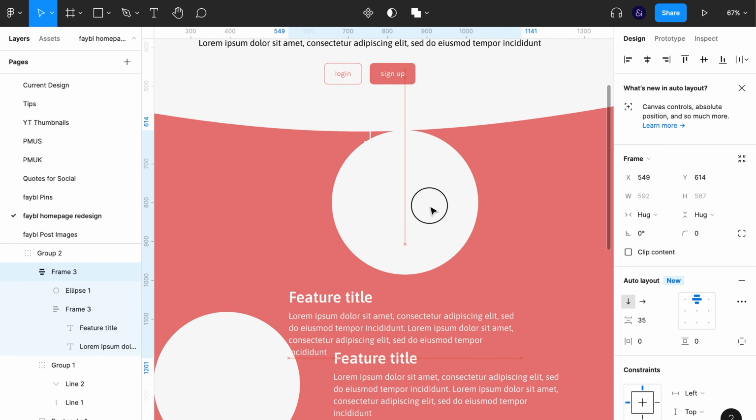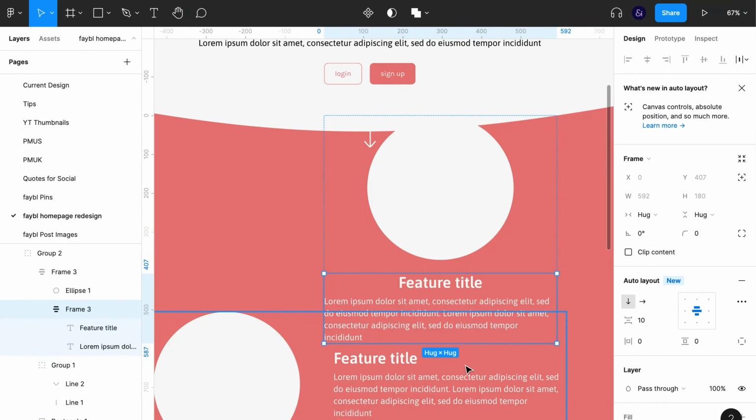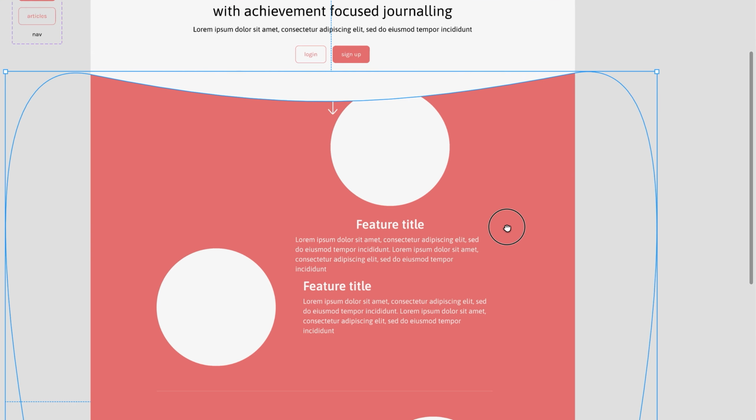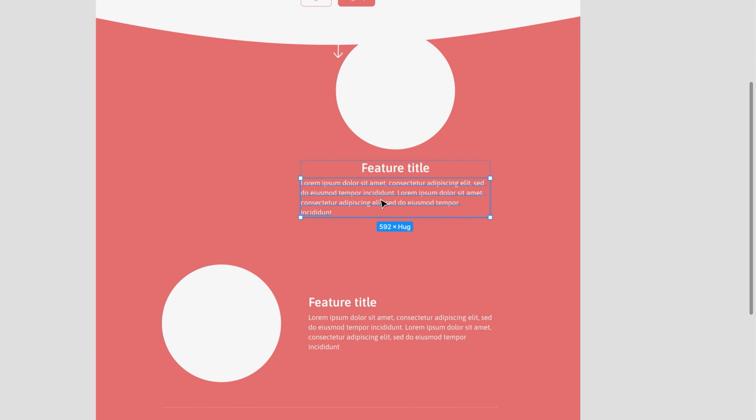And then I thought, what would an alternative layout for the benefits of a self-confidence building application look like? So I thought I'd design an alternative layout and compare the two.